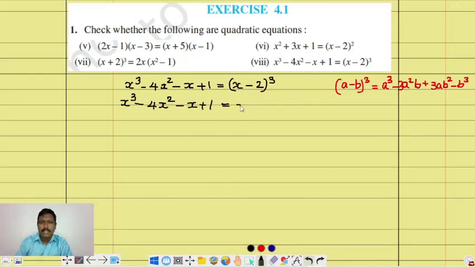identity. First term a cube, so it will be x cube minus 3a square b. So 3 into a square is x squared into b is 2, plus 3ab square. See, when we use this equation, don't mind about that minus. Directly we can do only the numbers, only a and b you have to mind. So x and 2.